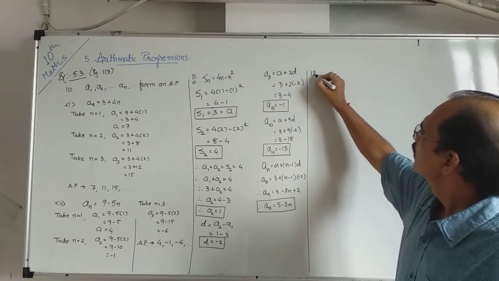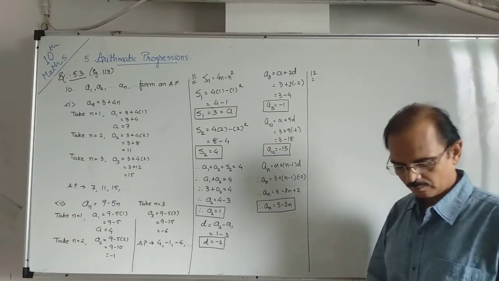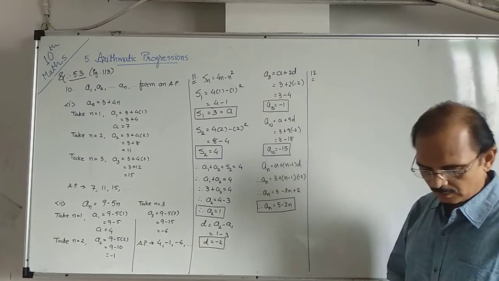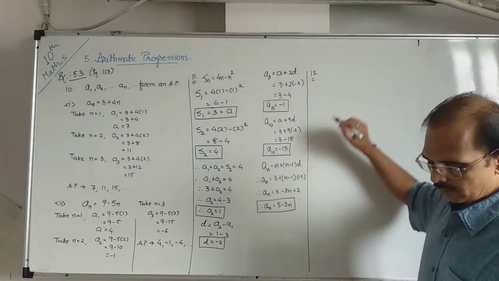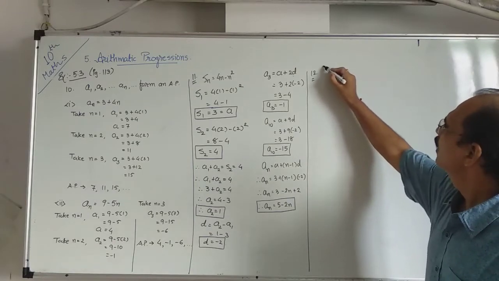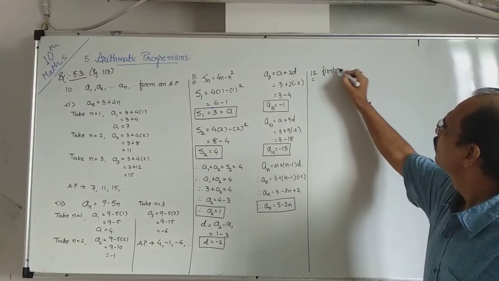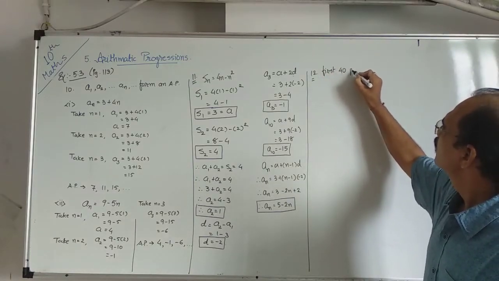Okay? Number 12. Find the sum of the first 40 positive integers divisible by 6.